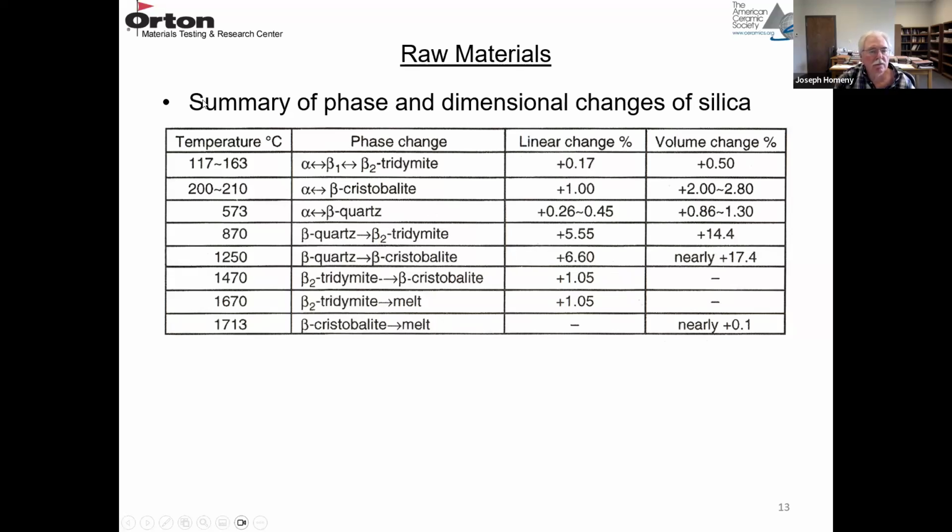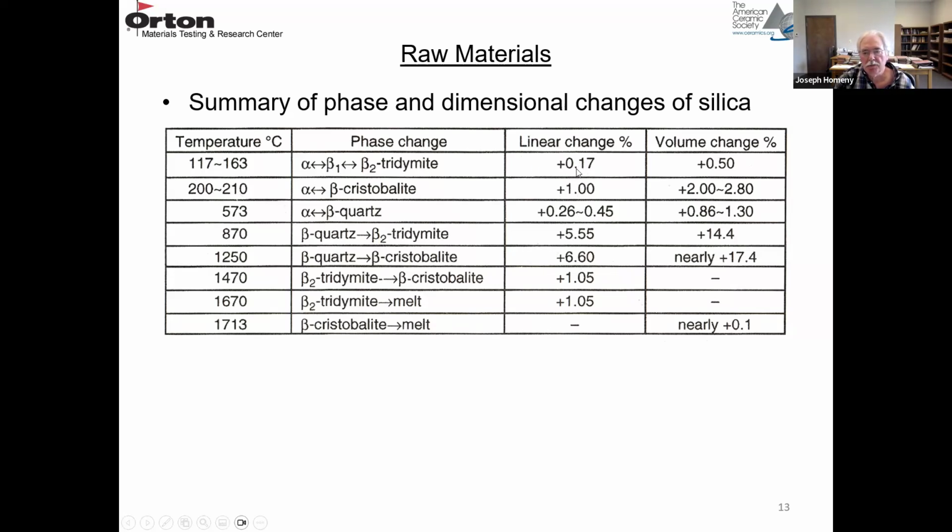So this summarizes the phase changes, the temperatures where the changes take place, and the linear and volume changes with those phase changes. At 117 to 163 degrees C, you go from alpha to beta 1 to beta 2 tridymite.